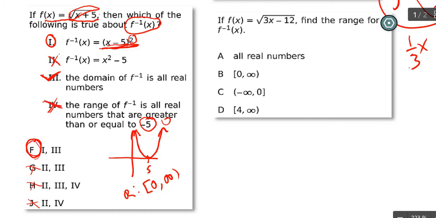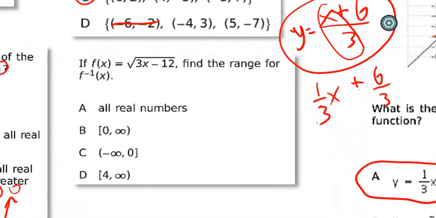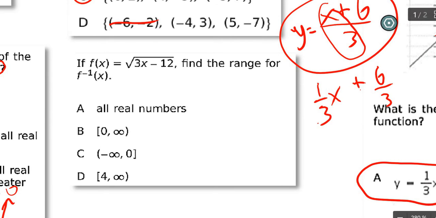All right, so the next thing is, we did this next one over here in class. We're given a function, f of x is this. This is a square root function. We're looking for the range of the f inverse of x. To do this, we can actually do the problem itself and look for the inverse of this. The first thing we're going to do is get rid of this square root.